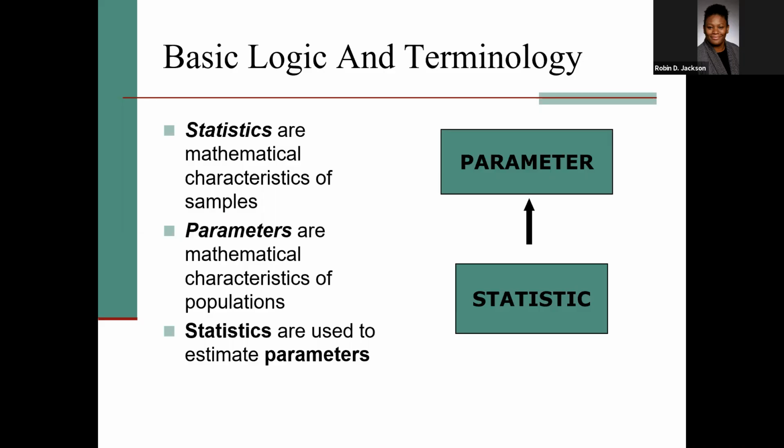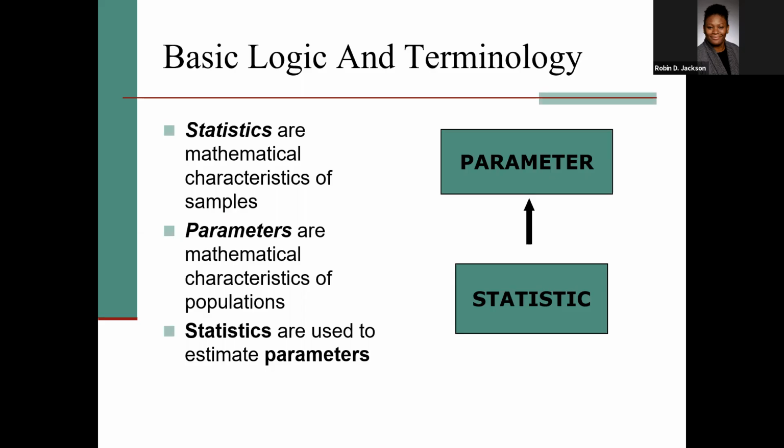Another example: 25% of 200 workers at a distribution plant have a college education. You have the information about who has the highest education completed. Your population is the 200 workers at a distribution plant. That 25%, that's your parameter, okay?